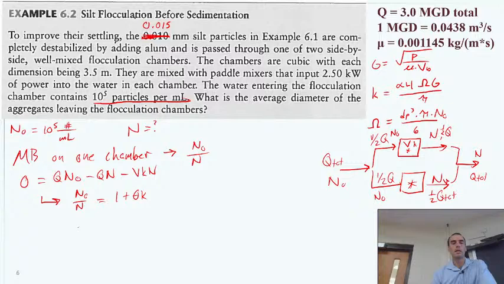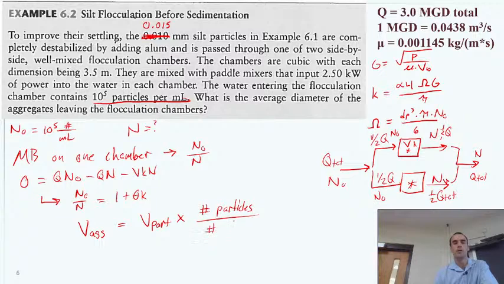In essence, we can say the volume of any aggregate is going to be equal to the volume of the individual particle multiplied by the number of particles per number of aggregates.